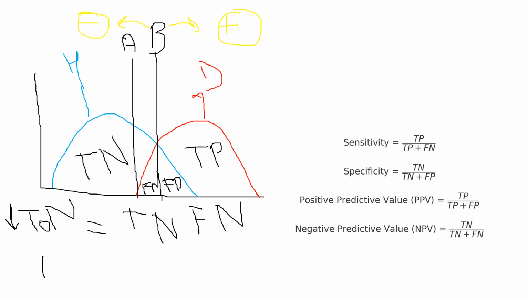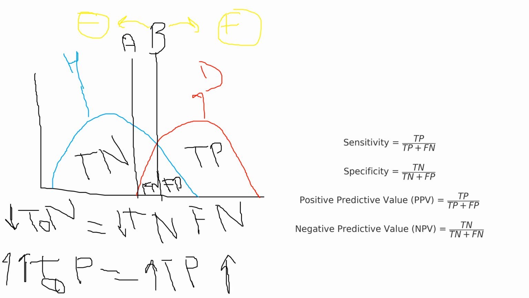And moving from B to A has increased the total positives, and an increase in total positive will lead to an increase in true positive and an increase in false positive.